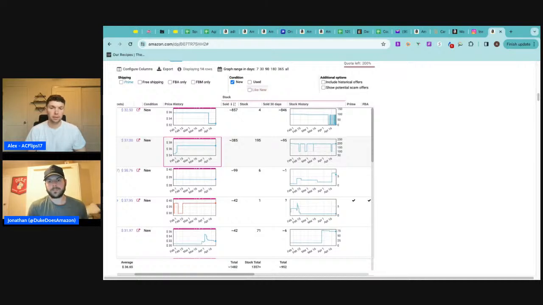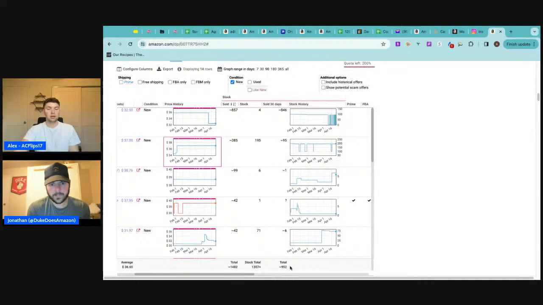So yeah, I guess the sold 30 days, I like to pair it with the stock history chart, which we can jump in on, or you can give your opinion too. Basically, we're looking at how much they are selling, and then the stock history chart helps us confirm if this number is accurate. And again, I'm not looking at this number even remotely.